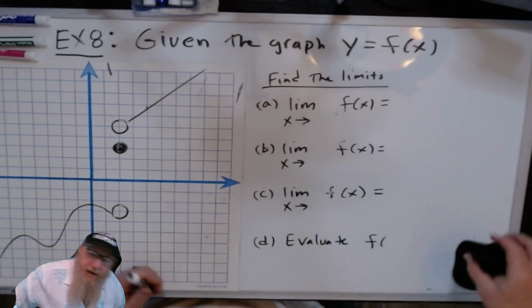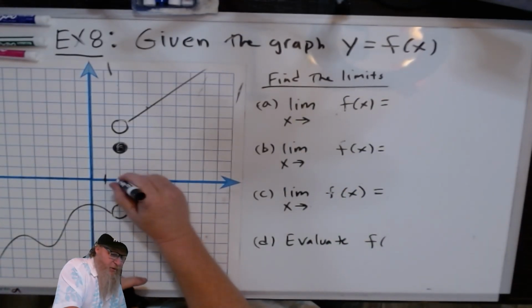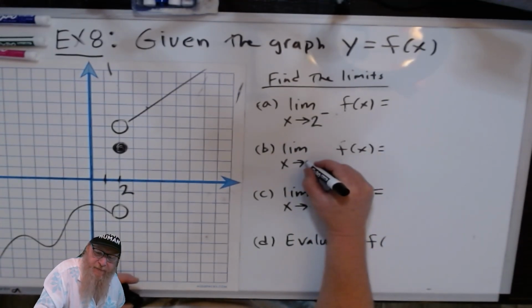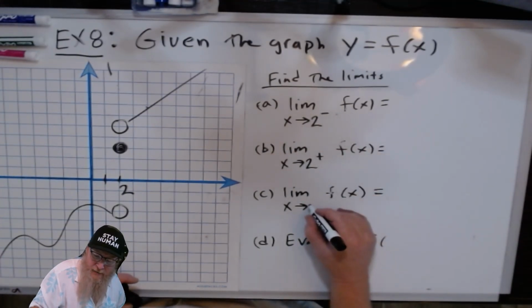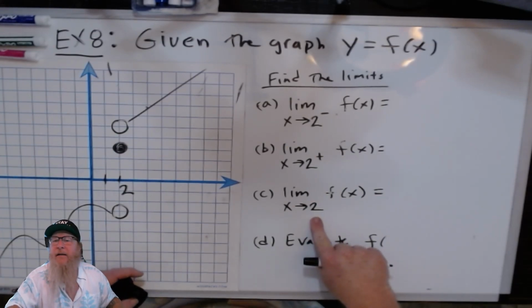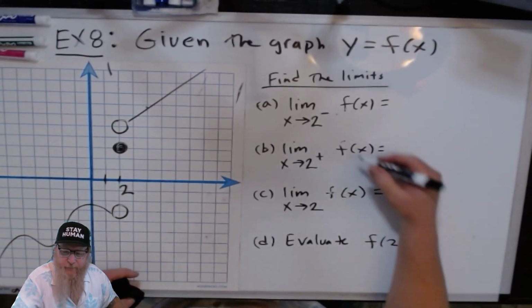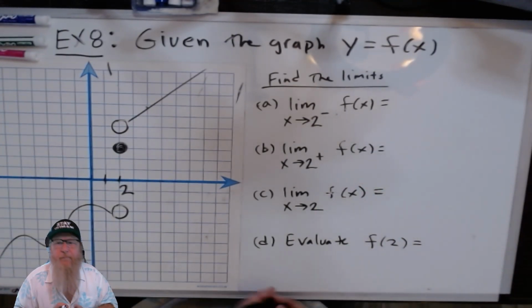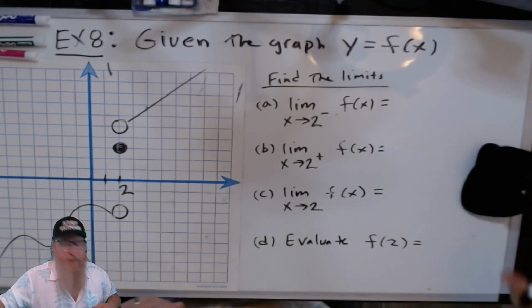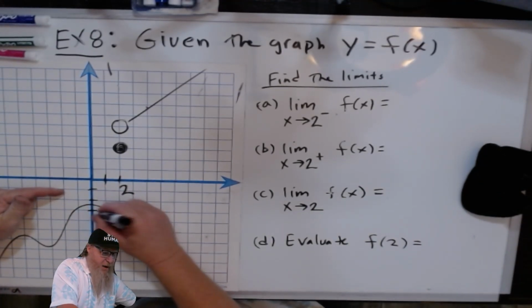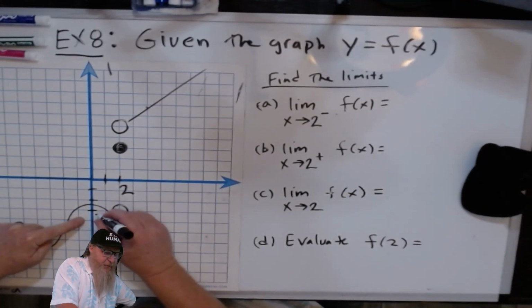Change the critical value. So this time our critical value is x equals 2. So we're going to approach it from the left, from the right, and then generally. And then we're going to evaluate it as well. Okay, so from the left, the y value is -3.